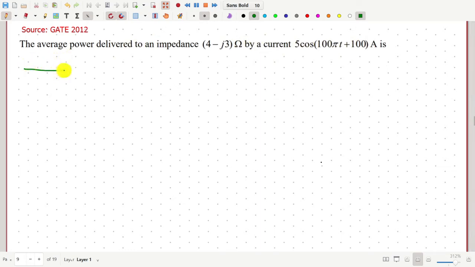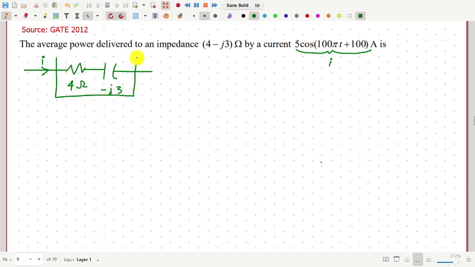So we have 4 ohm resistance in series with minus j3 ohm capacitive impedance, and the current through them is I, which is given by this expression. We have to find the power delivered to this impedance.